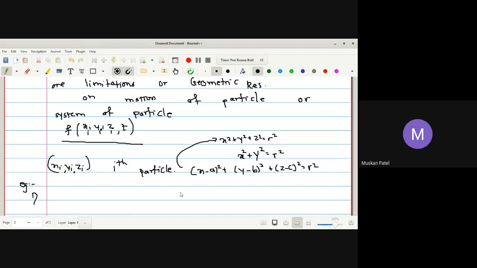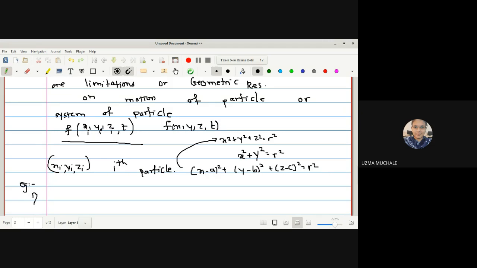Ma'am, it was done up to the last equation, x minus a in brackets. Okay, we were discussing the equation of a sphere and the equation of a circle. Here x, y, z are involved, and these can be written as f of x, y, z.